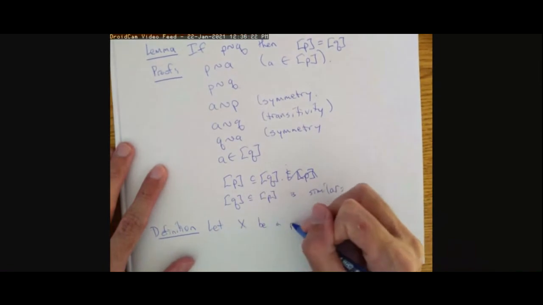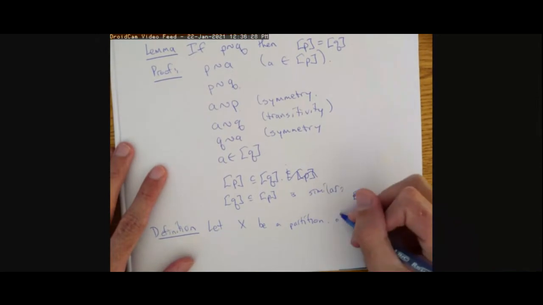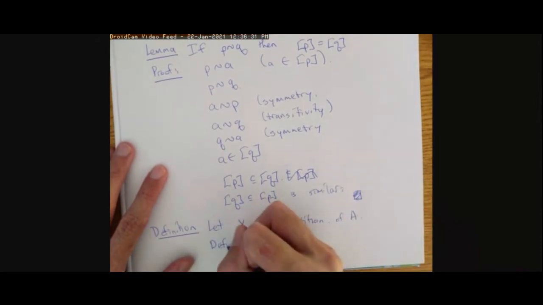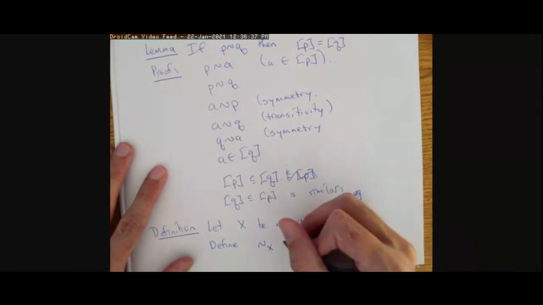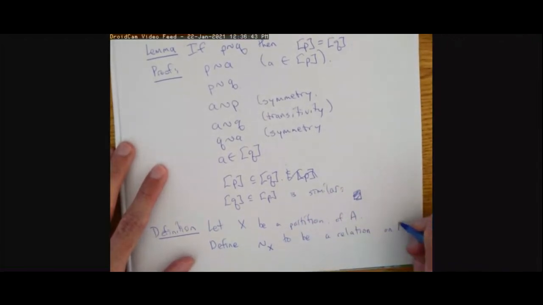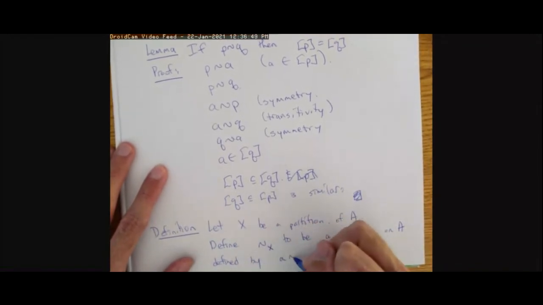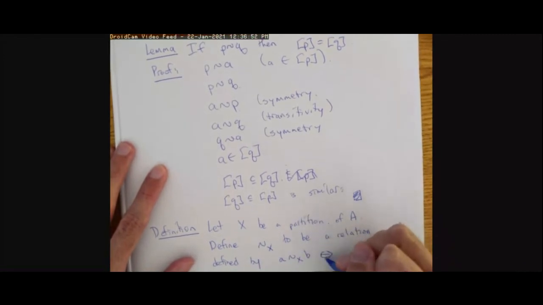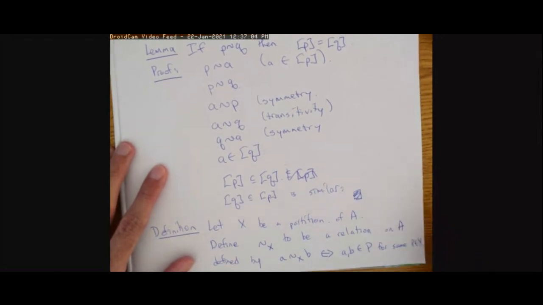Let X be a partition of A. And we'll define squiggle X to be a relation on A defined by a squiggle X b if and only if a and b are both elements of some common element of the partition.